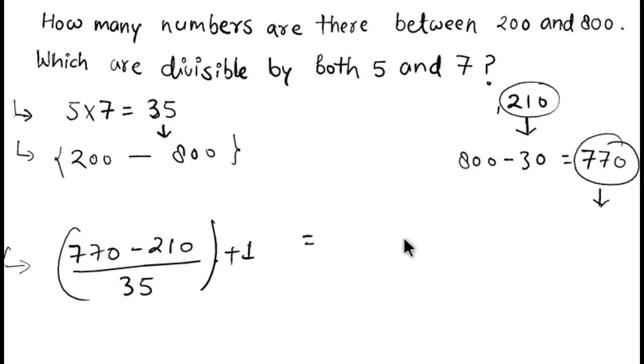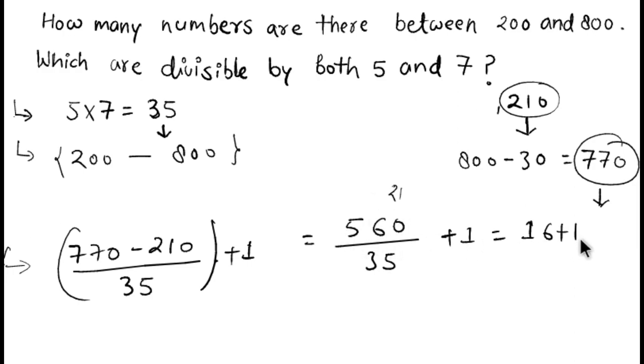So from here, 770 minus 210 is 560. 560 divided by 35: 35 times 16 is 560, as 35 times 6 is 210 and so on. So I got 16 as the quotient, plus 1.